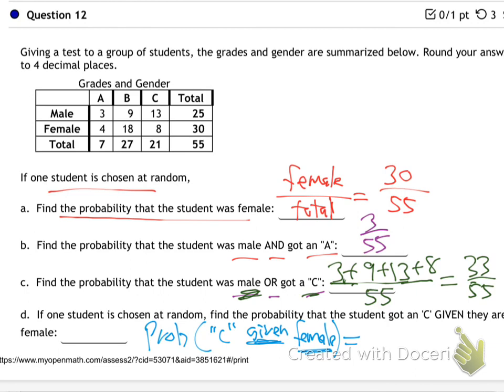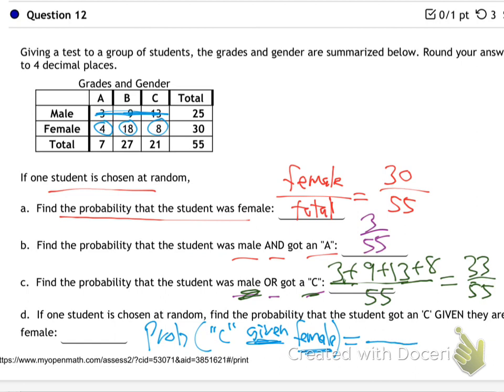You know it's a female. Well, who's not in the mix anymore? All these guys. They're out. It's none of them. You see, what given does is limits the possibilities. It's not out of just anybody now. It's only out of the females. So out of these females, that's my whole group now.